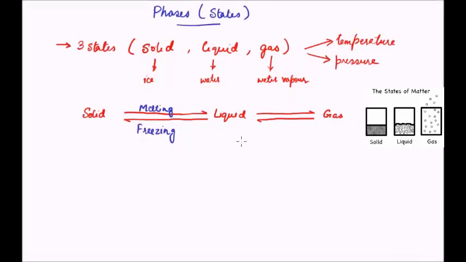Now let us see the other side. Liquid to gas is called vaporization. And gas to liquid is called condensation. So water vapor condenses to water. Now there can be scenarios where we can directly convert solid to gas.